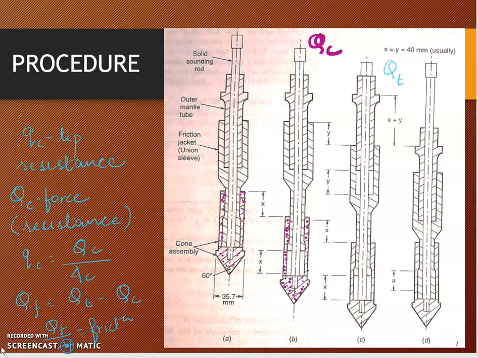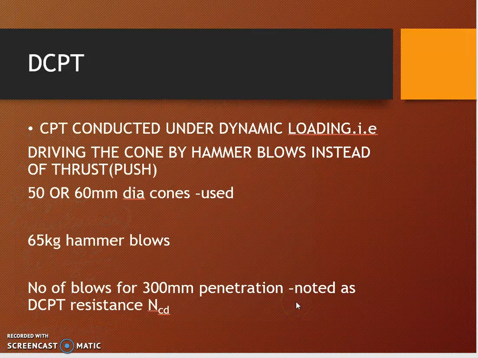The number of blows required for 300 mm, that is 30 centimeter penetration, is noted as dynamic cone resistance, that is NCD. So for 300 mm penetration, NCD will be recorded, right? The test gives a continuous record of NCD with depth.